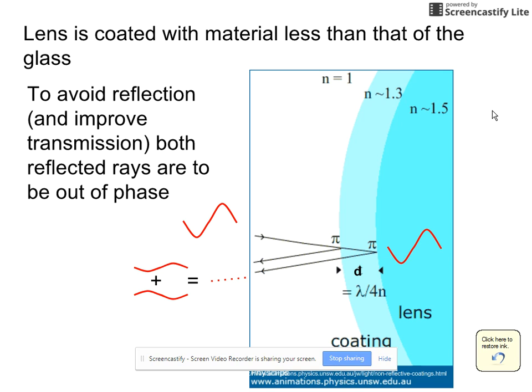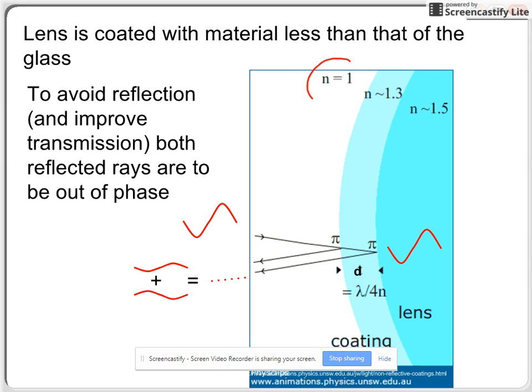So if we look at what's going on, lenses are coated with generally a material that's got a refractive index in between air, which is n equals 1, and the glass, which is usually quite a high refractive index. Good quality lenses use a really high refractive index, and they're coated with usually something like magnesium fluoride, which has a refractive index midway between the two.